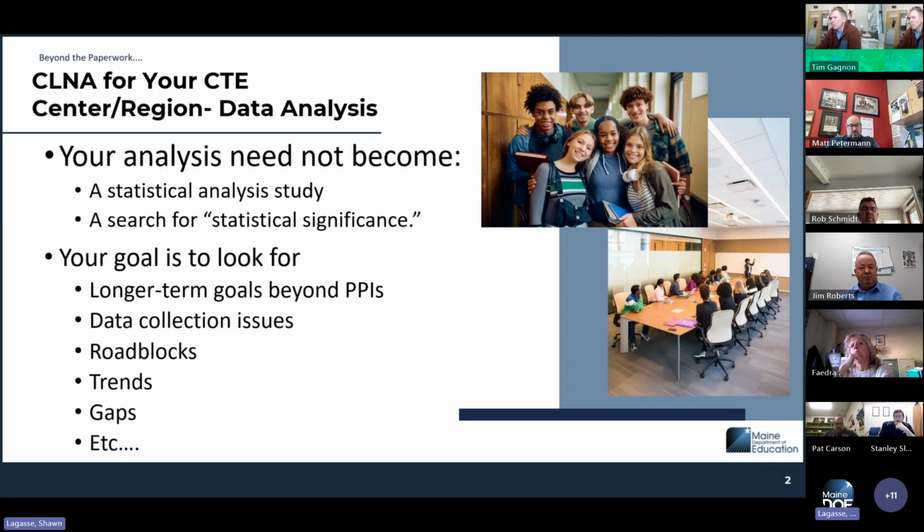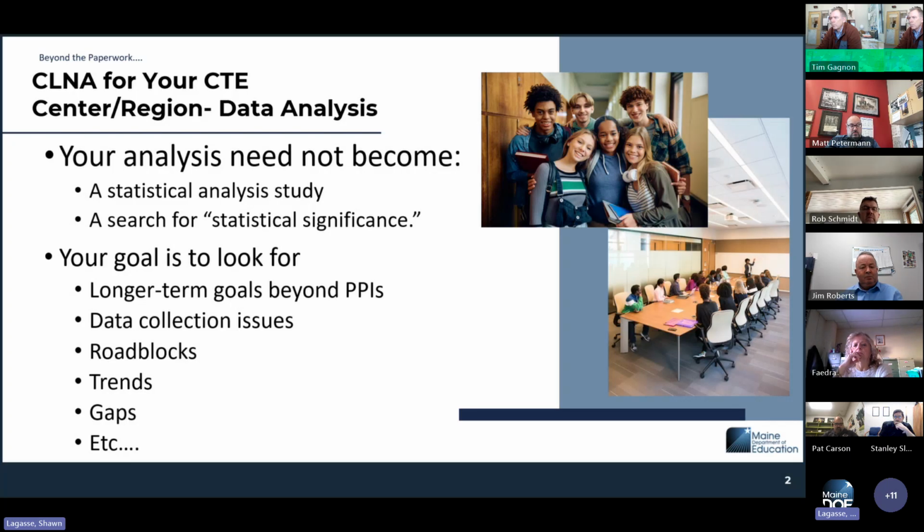Another thing, we want you to look at trends. Do you see one program that really has taken off over a couple years, and you really think this could be something that long term is going to continue to grow, and maybe you need to look at how to expand certain programs.